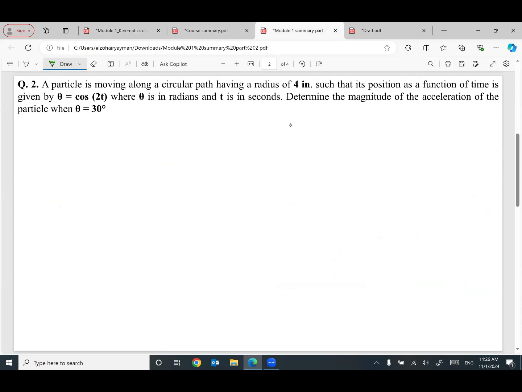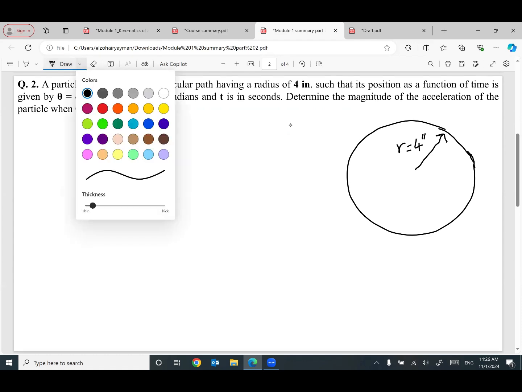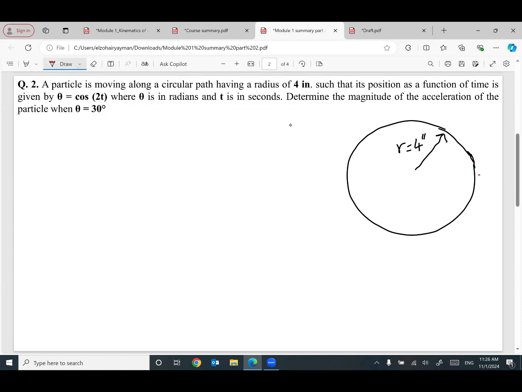I have a particle moving along a circular path. So we have a circular path with a radius equal to 4 inch. And here is the particle, such that its position as a function of time is given by theta.